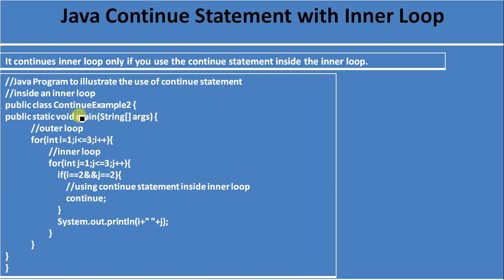So here we are creating a Java class, public class ContinueExample2, public static void main method, and we are creating an outer for loop, for int i equal to 1 to i less than or equal to 3, i plus plus, and an inner loop, for int j equal to 1 to j less than or equal to 3, and j plus plus.